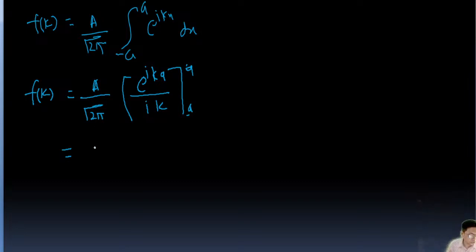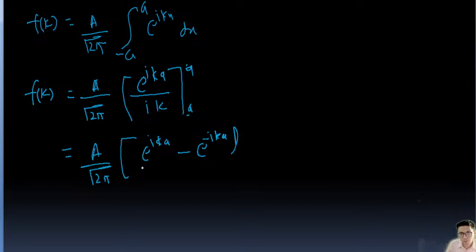And this we can write as a upon root 2 pi, times e to the power iota ka minus e to the power minus iota ka, and we can multiply by 2i and divide by 2i. We have iota k here as well, so the i will get cancelled.